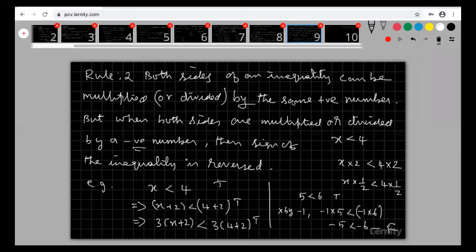If you multiply or divide by a positive number, the sign of the inequality never changes. You can proceed by multiplying or dividing both sides by a common positive number, no problem. But if you divide or multiply by a negative number, you have to reverse the inequality. That is also very important. Why sir? I will tell you.